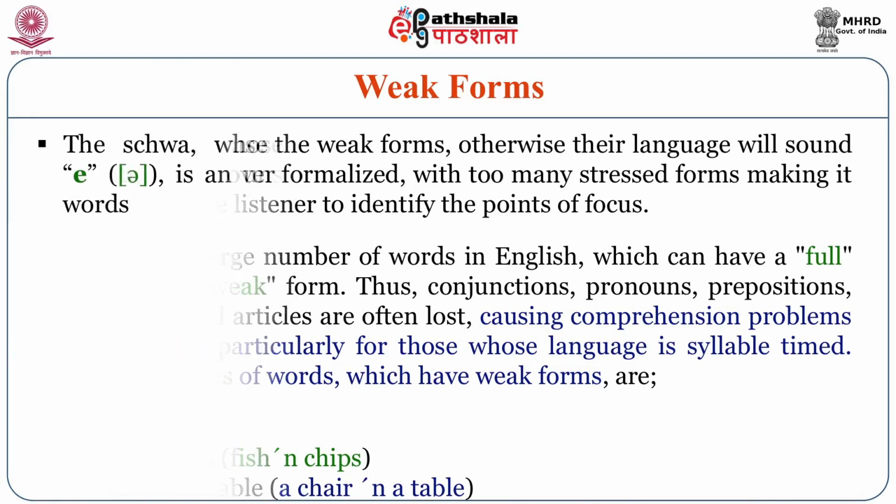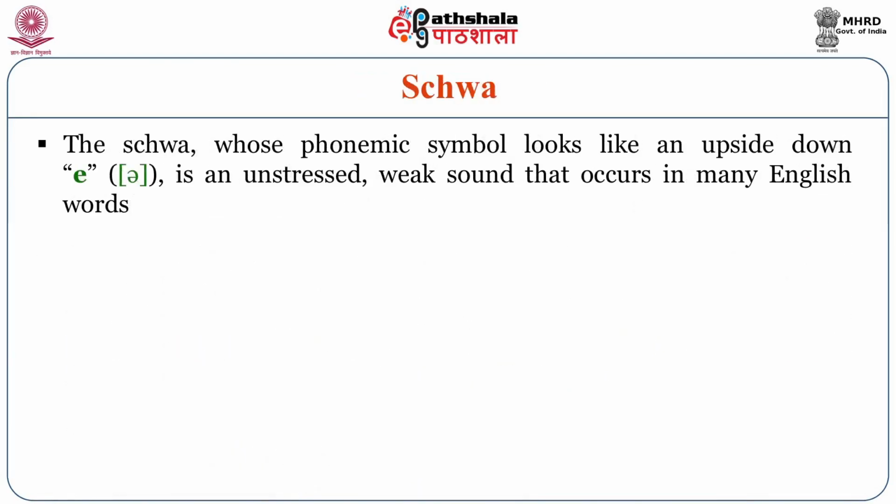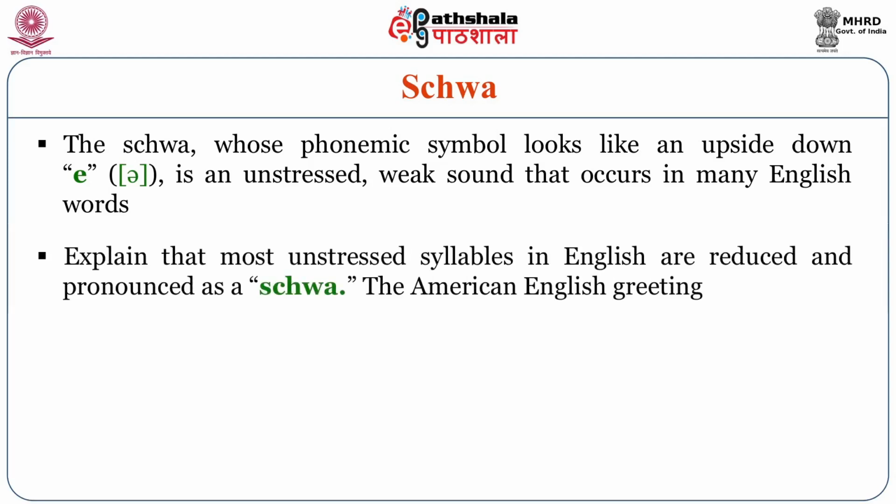You must have heard the schwa sound. The schwa, whose phonemic symbol looks like an upside down e, you can see on your screen, is an unstressed weak sound that occurs in many English words. Most unstressed syllables in English are reduced and pronounced as a schwa.